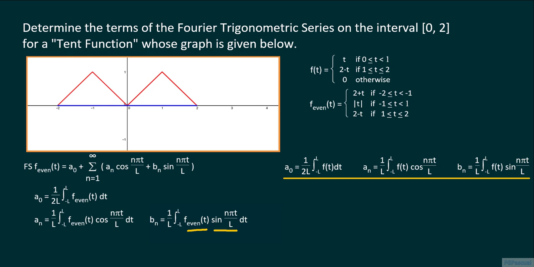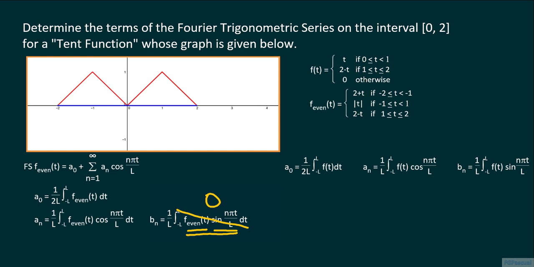Sine is an odd function. Hence, their product is an odd function. And therefore, the integral from minus L to L of f sub even times sine is 0. Therefore, f sub even has no sine terms in its Fourier series. L is now equal to 2.